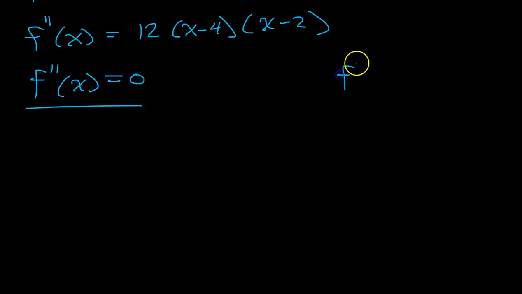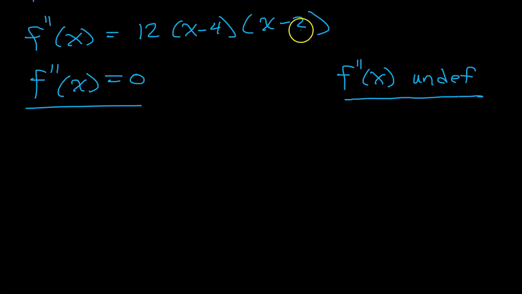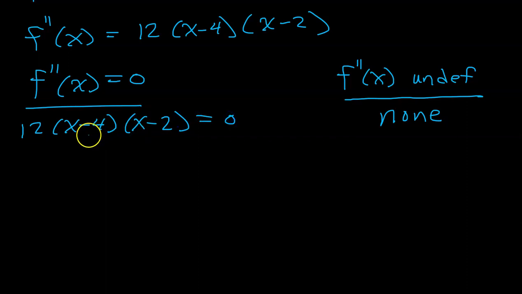Again, normally we would also consider where the second derivative is undefined. But the second derivative is still a polynomial, so there will be none of these. So setting this equal to 0, and using the zero product property, we get x equals 4 and x equals 2.